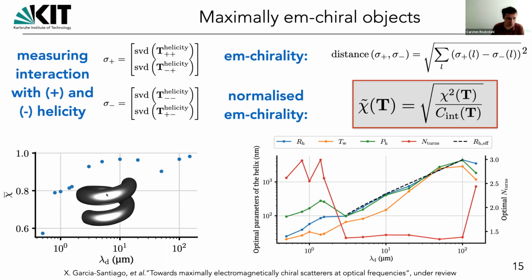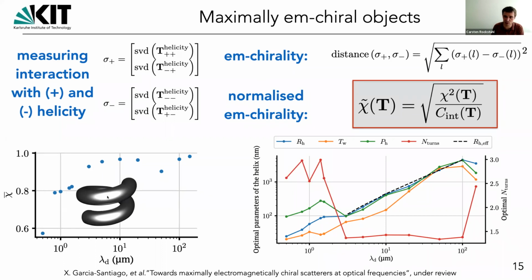And here is work that is currently still under review. We have been using a Bayesian approach, optimizing with techniques from the field of machine learning the geometrical parameters of the helix, because that helix was known to be a maximum electromagnetic chiral scatterer at very far infrared wavelengths. We tried to identify the parameters that make the object maximum electromagnetic chiral also towards the visible.